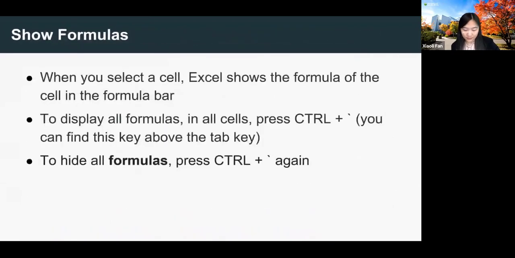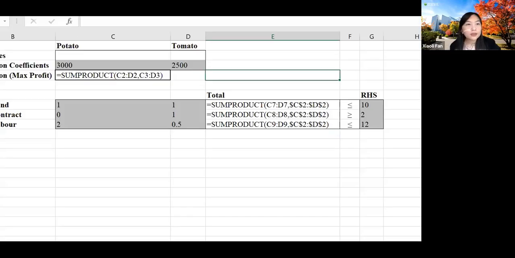Another technique that I want to share with you is that you saw me show how you can show the formulas. You can also show this if you know the shortcut key to do that. So let me show you here.